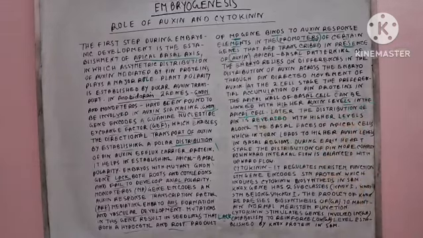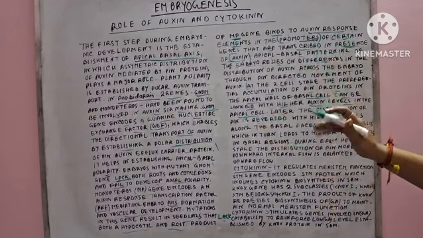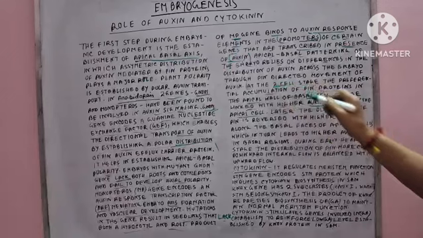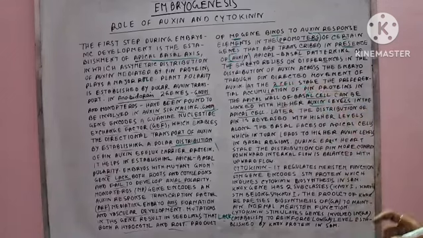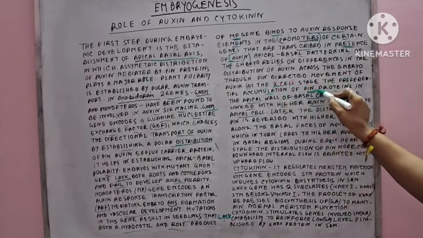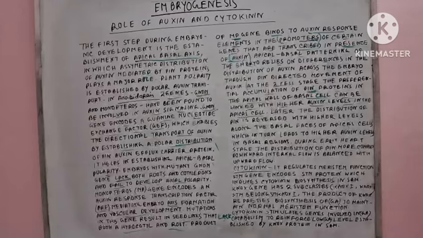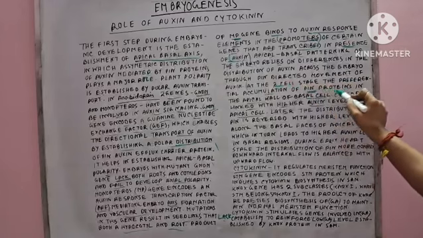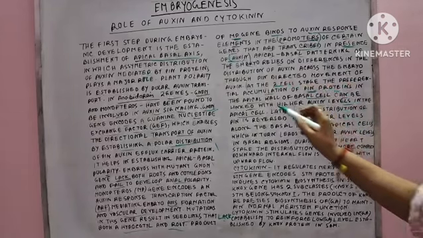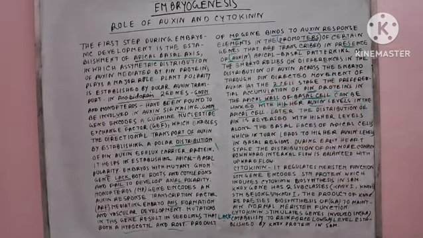So what it is saying is that when the zygote divides to form the 2-cell embryo, the accumulation of PIN proteins is very important for auxin's distribution. So where is the accumulation of PIN proteins seen?